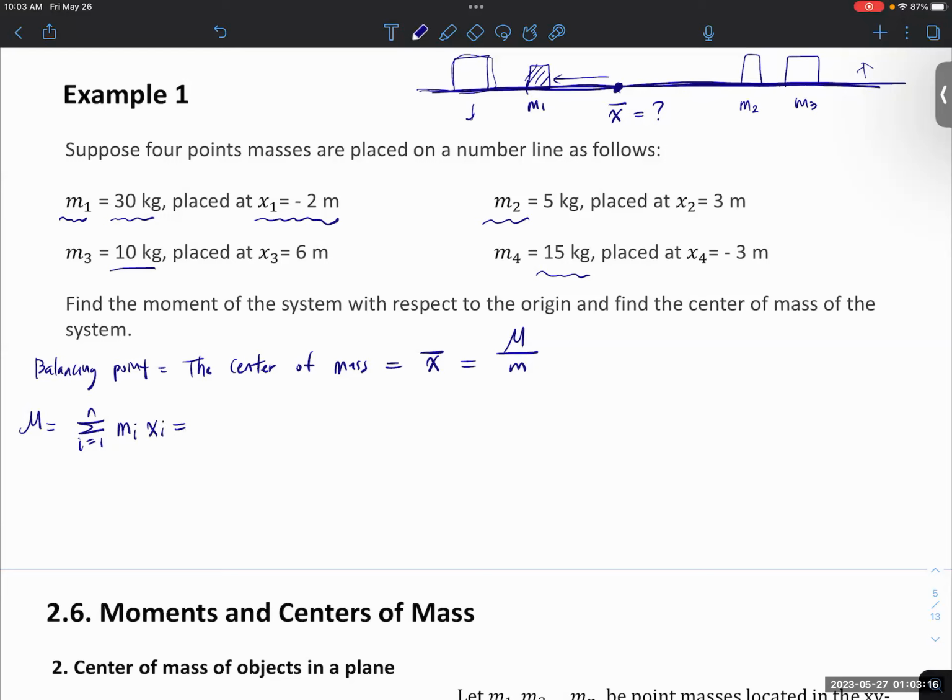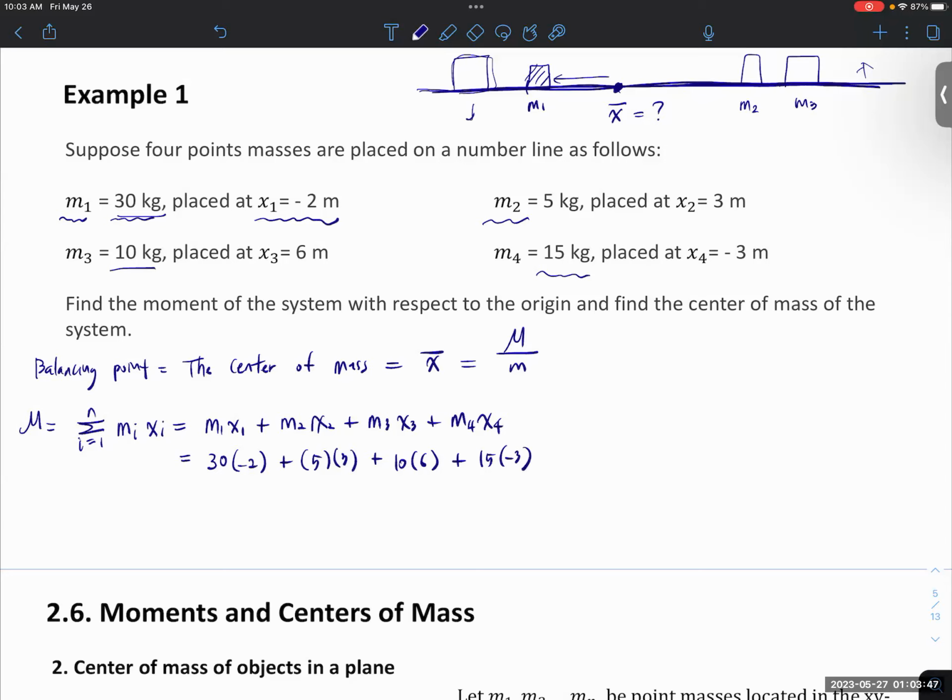Which means we have 4 different items, correct? So it is going to be M1 X1 plus M2 X2 plus M3 X3 plus M4 X4. So mathematically, first one, 30 kilograms times -2, M2, 5 times 3, 10 times 6, 15 times -3.